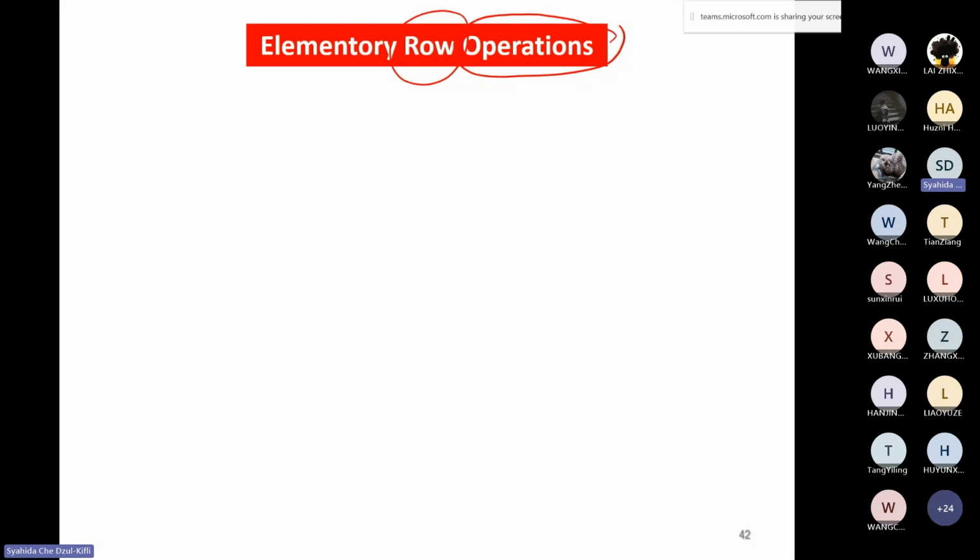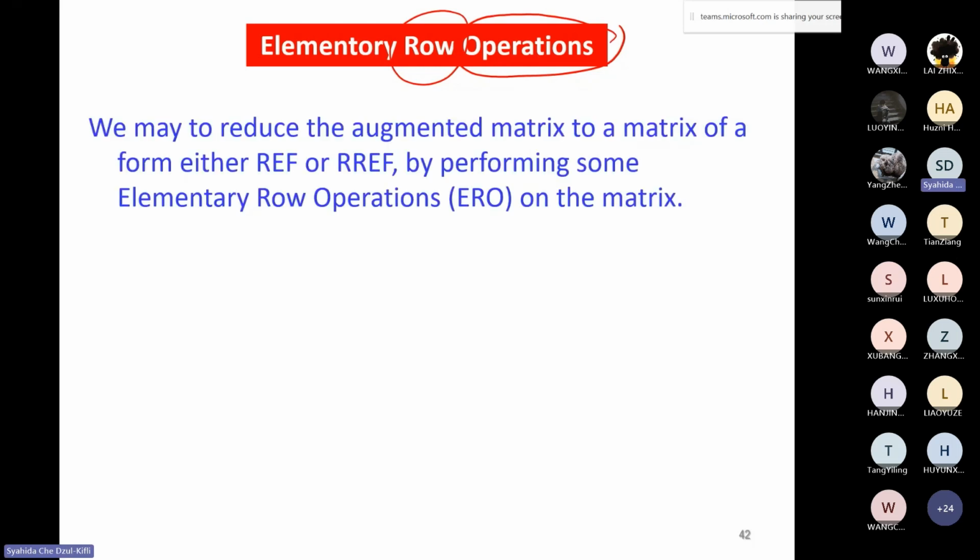Why do we need elementary row operations? Because we are able to reduce an augmented matrix to a matrix of the form REF or RREF by performing some elementary row operations on the matrix.